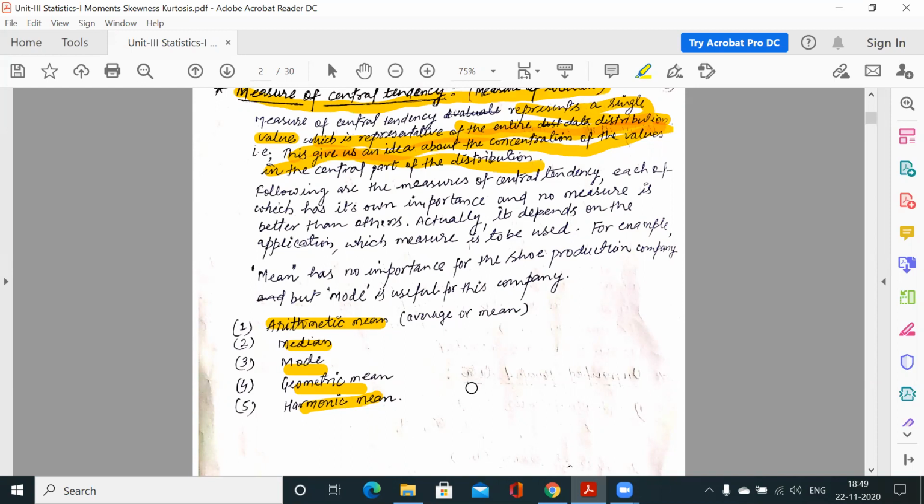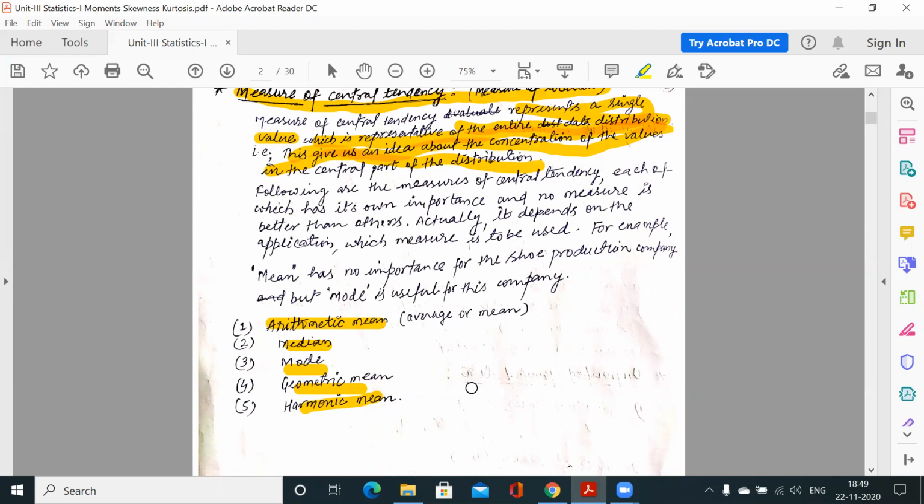And suppose the company takes the average of the shoe sizes for this sample, and the average comes out to be 7.9 or 7.2 or 8.4. The shoe production company cannot apply this information for production, because there are no people in the sample who wear a 6.5 or 7.9 shoe size.